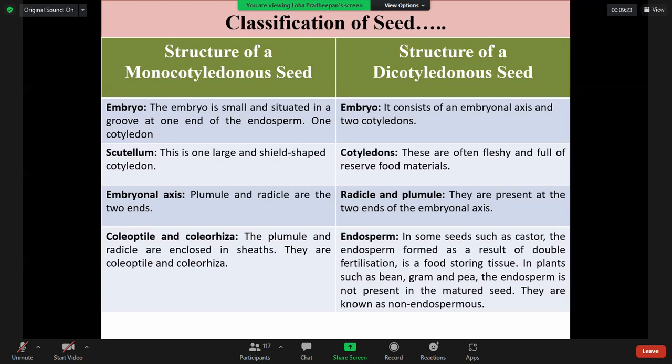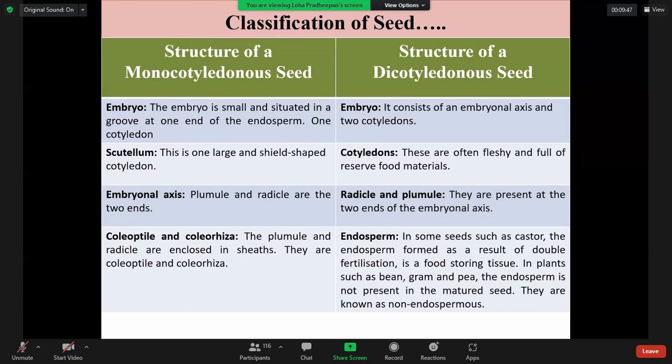If you look into the structure, the longitudinal cut of the seed, we are able to see these differences. The plumule and radicle are enclosed in sheaths, so they are called coleoptile and coleorhiza.